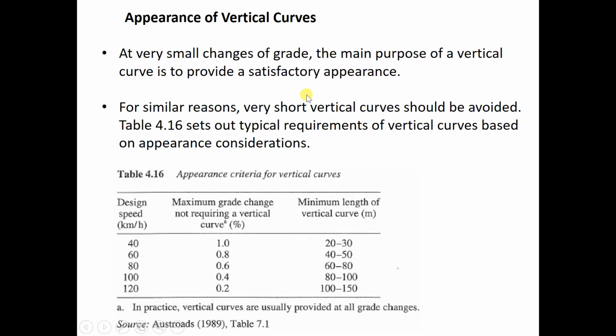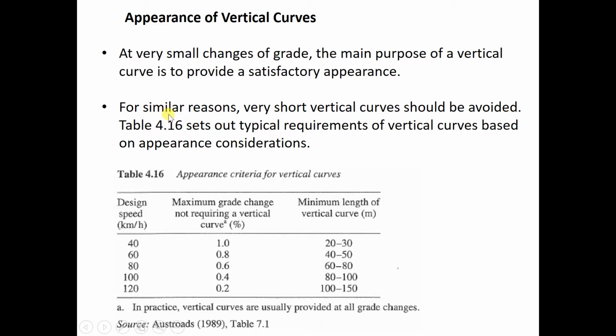They are joined together, but we cannot just change from one straight line to another straight line. So we need to provide curvature, and enough length of this vertical curve to make it look pleasant.